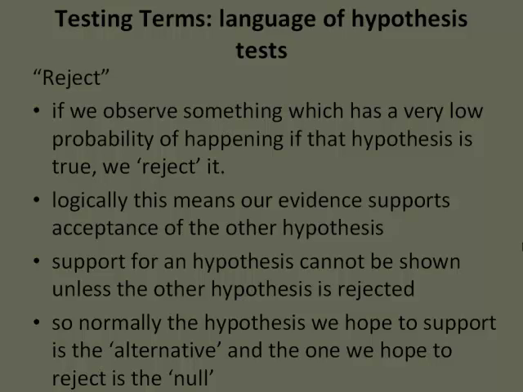If I find one black swan, that theory is now dead. It's much more powerful to disprove something than it is just to add stuff that supports it. So quite often, we set up the null hypothesis, what we want to reject, because rejection is a much more powerful thing. Normally, the hypothesis we expect to support is the alternative, and the one we hope to reject is the null.